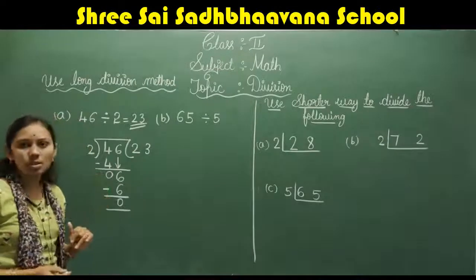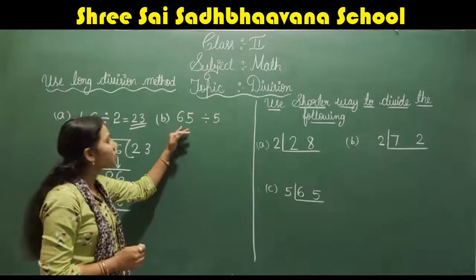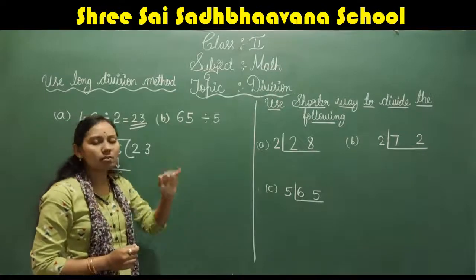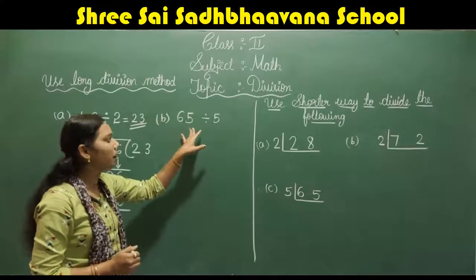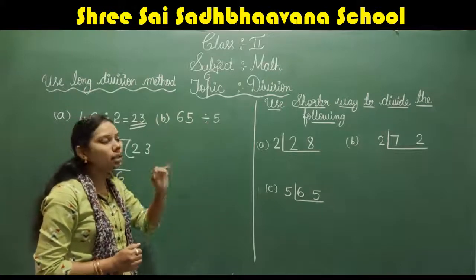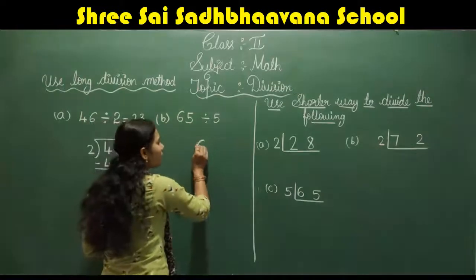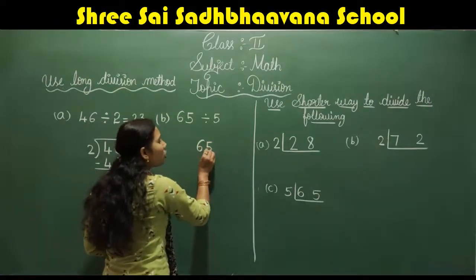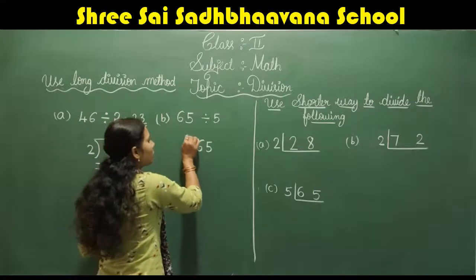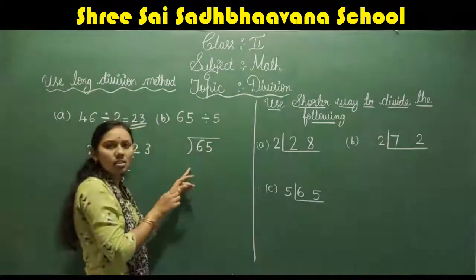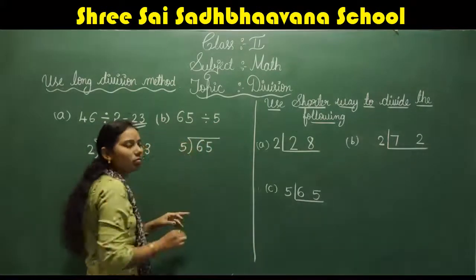Okay, let us see one more sum. Now the second one is 65 divided by 5. So you are going to divide 65 by 5. What do we call the 65? Dividend, right. Then what is the divisor here? 5.